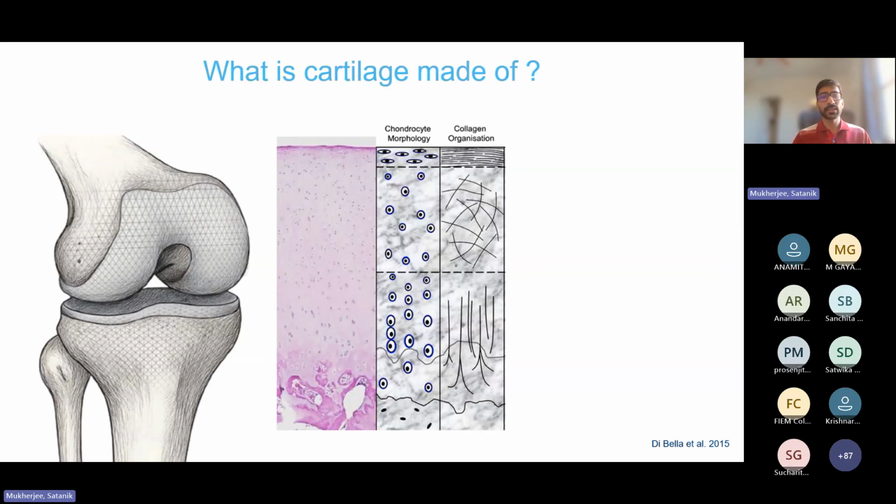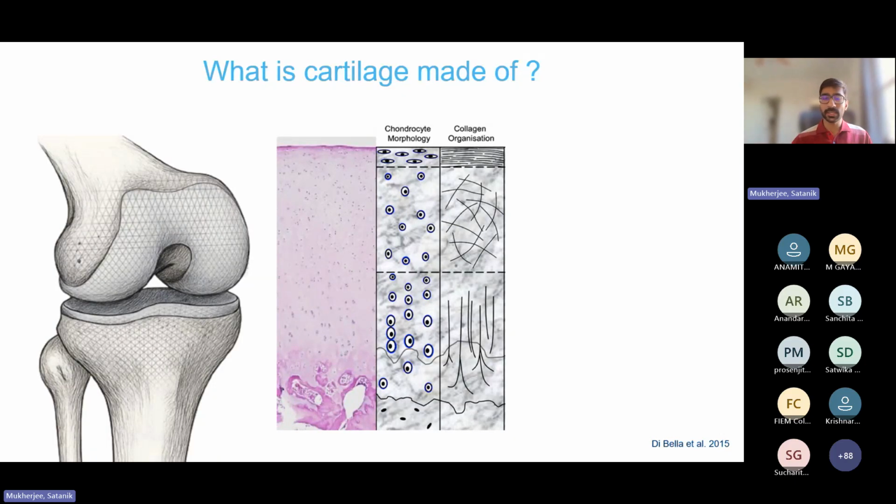Furthermore, it's a very intelligent material, the cartilage. Because, as you can imagine, when someone is walking or doing all the daily activities, it is getting mechanically loaded. And nature has designed cartilage in such a way that it can actually withstand these mechanical loads millions of times all through the life course of a person.